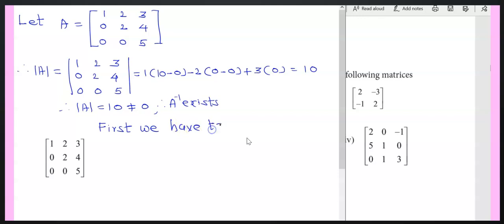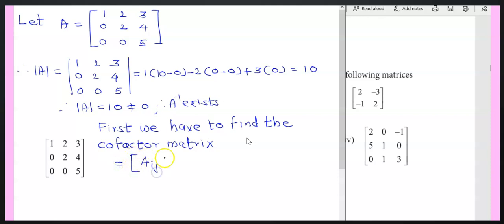First we have to find the cofactor matrix. That is Aij, 3 by 3, where Aij is equal to minus 1 raised to i plus j, Mij.